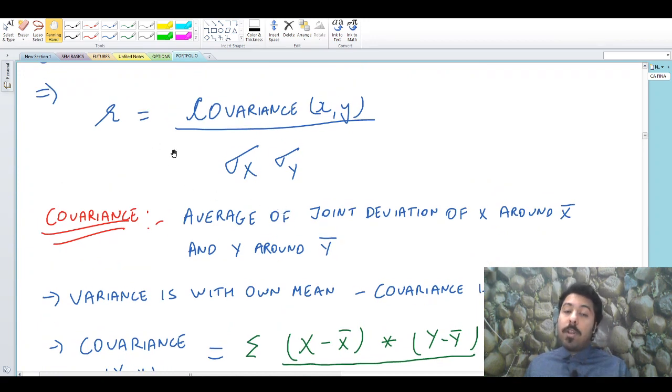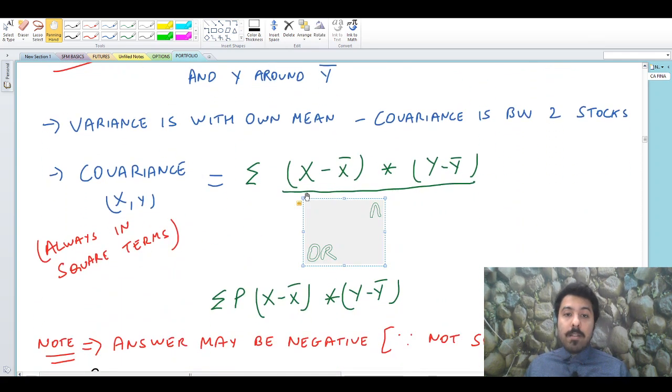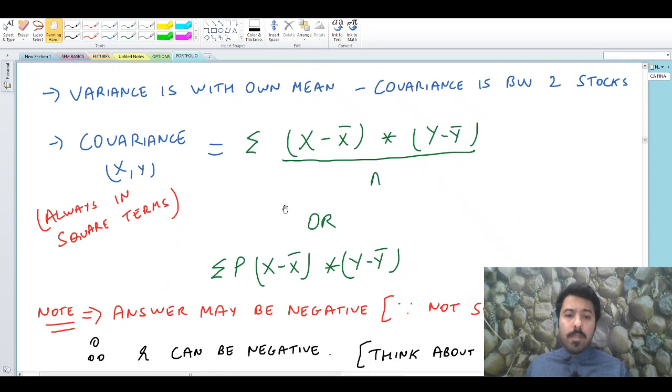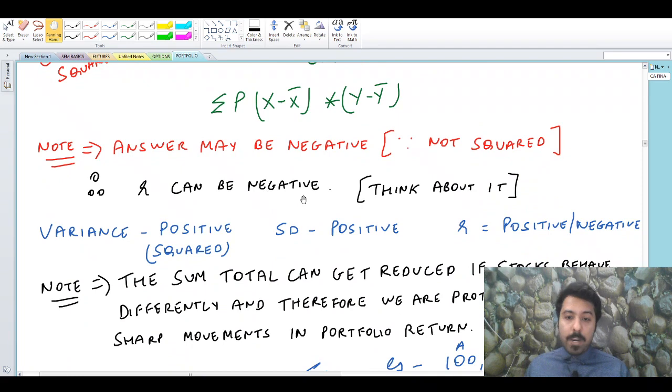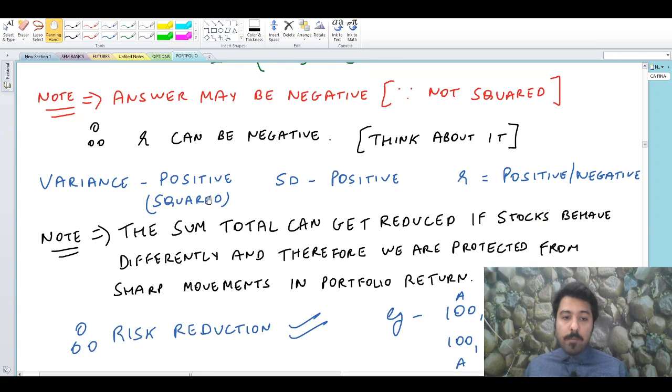R can be positive or negative. Why? Due to covariance, right? So now you're understanding things. We can always rote learn these formulas, but once you understand the logic, you'll be able to go through sums very easily, right? And therefore R can be negative due to covariance. And so variance is positive, since it is always squared.